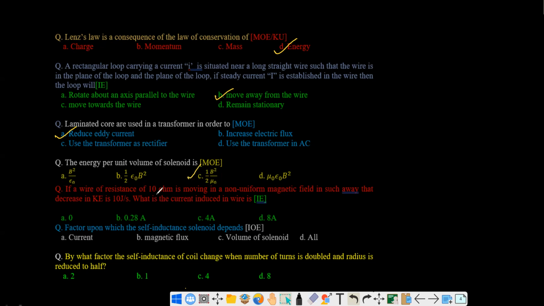If a wire of resistance 10 ohm is moving in a non-uniform magnetic field in such a way that the decrease in kinetic energy is 10 joule per second, what is the current induced in the wire?